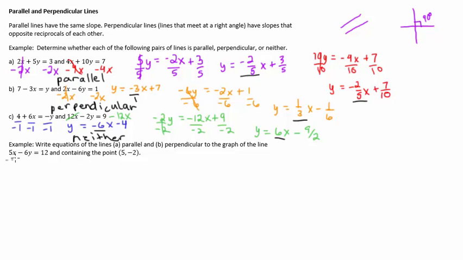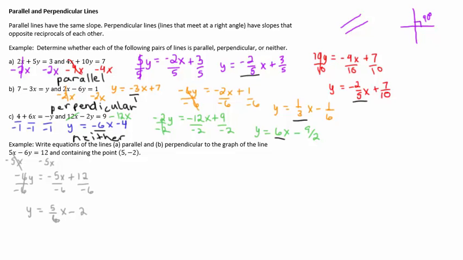So I'm going to subtract 5x from both sides and get negative 6y equals negative 5x plus 12. Then divide by negative 6.